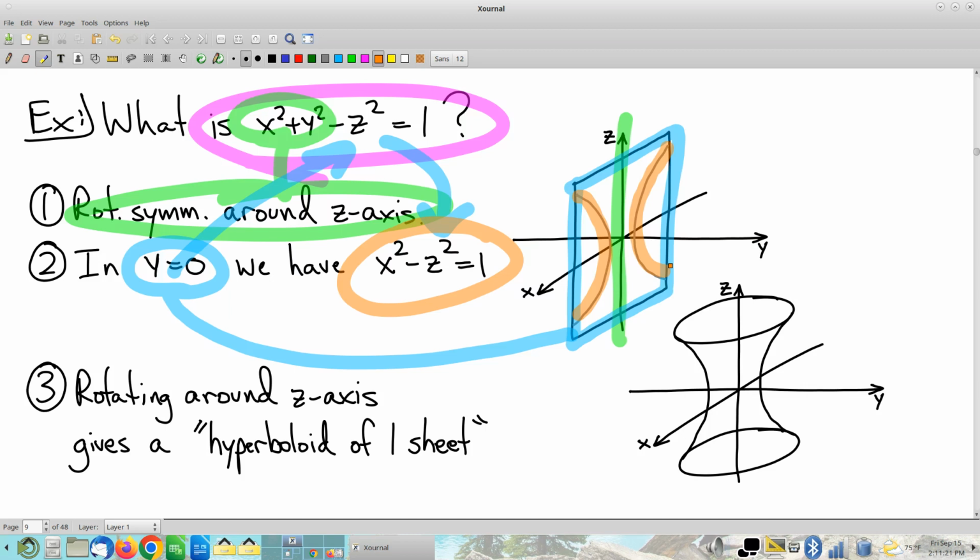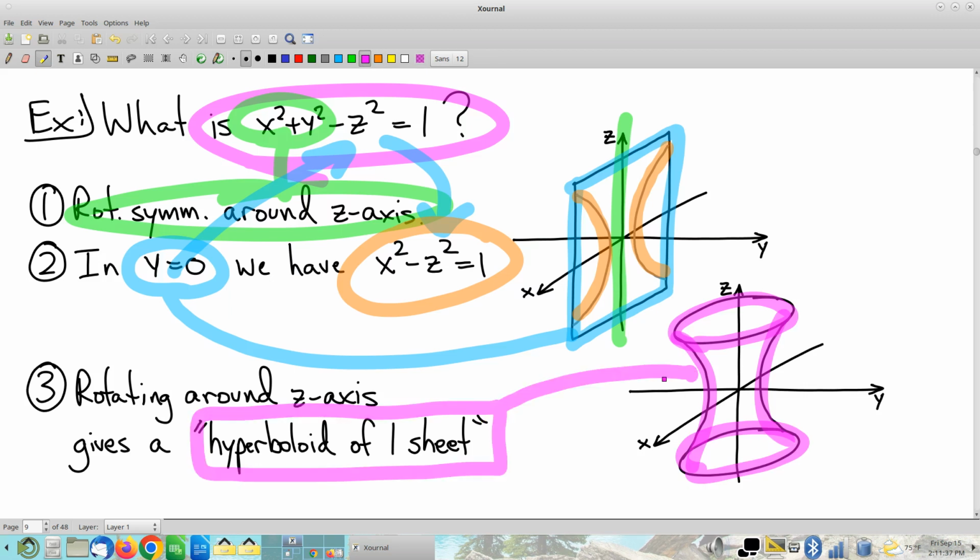Now I just have to use my geometric intuition and ask what shape gets generated if I rotate this around the z-axis. And, well, it's going to be something kind of like this, whatever that is. Anyway, it's called a hyperboloid, being as it is a rotation of a hyperbola. Seems like a reasonable choice of words. Specifically, a hyperboloid of one sheet.